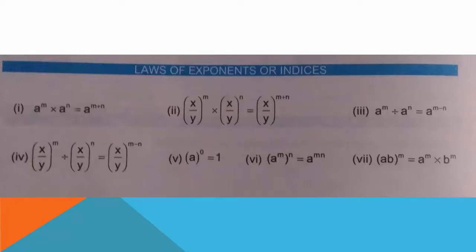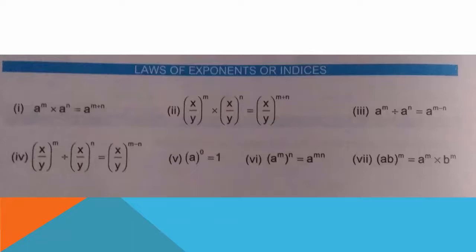The power of the number that is before the divide sign will be the first number and the second exponent will be subtracted from the first. So if a to the power m divided by a to the power n, then the resultant will be a to the power m minus n. See, m was the exponent of the first number and n was the exponent of the second number, so it will be m minus n.